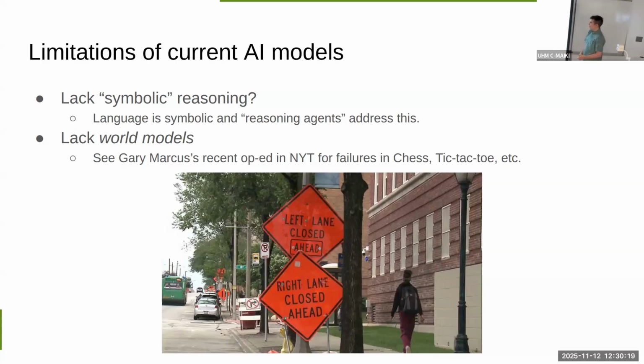And even with tic-tac-toe, if you say that you're using X's and Y's instead of X's and O's, the model gets confused and gives incorrect answers, and he's able to beat it. So these are simple examples where the model messes up.